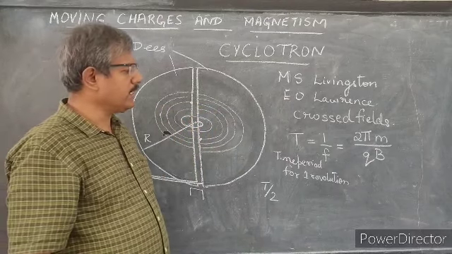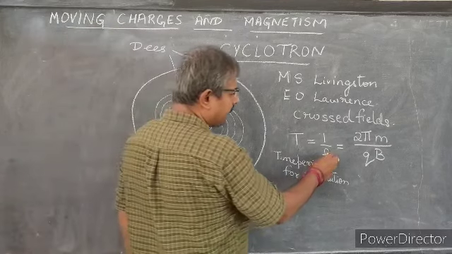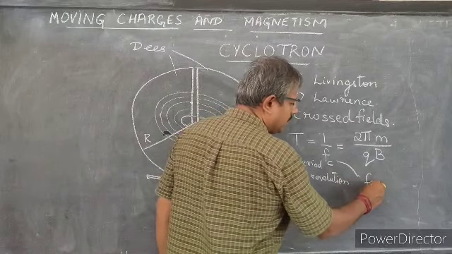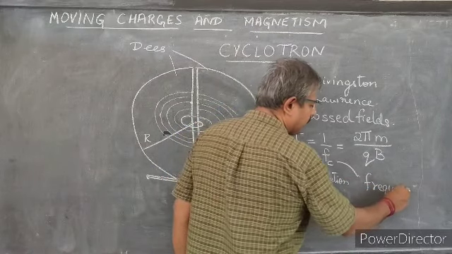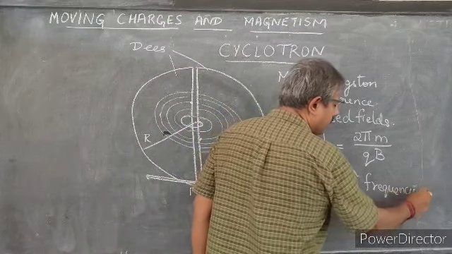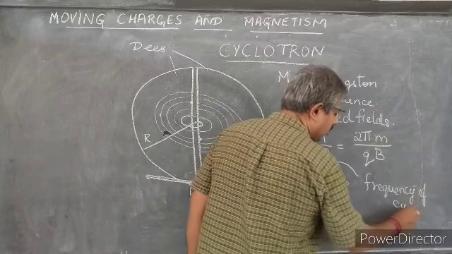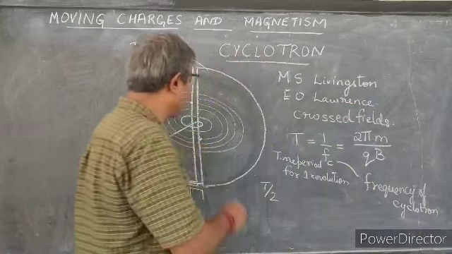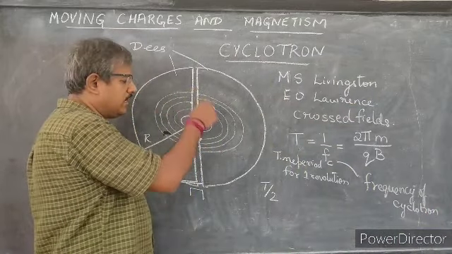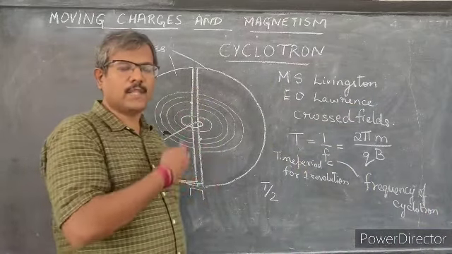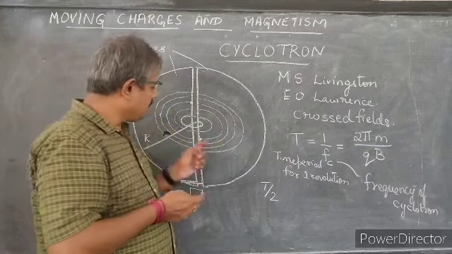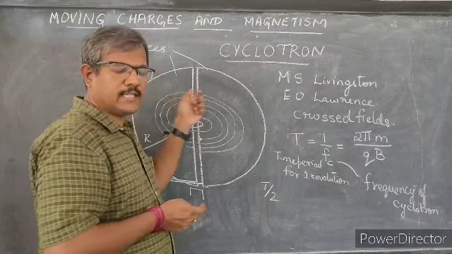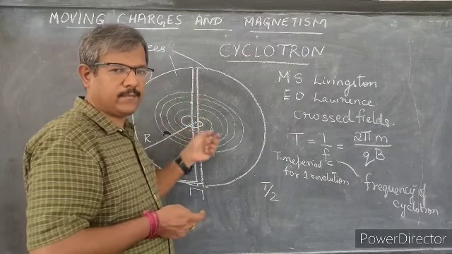So basically what we are saying is that if I denote Fc as the frequency of the cyclotron, what is the frequency of the cyclotron? It is the number of rotations or revolutions that the particle is completing in 1 second.